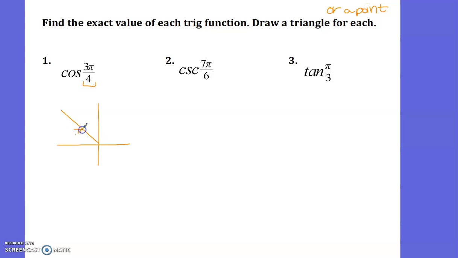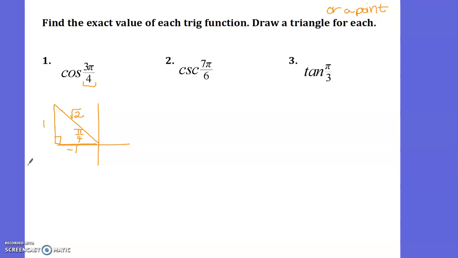This reference angle is pi over 4. So using those special right triangles, we label our triangle. Now remember, if your triangle falls outside of the first quadrant, one or both legs will be negative. So this leg sits in the negative x, so that is a negative 1.